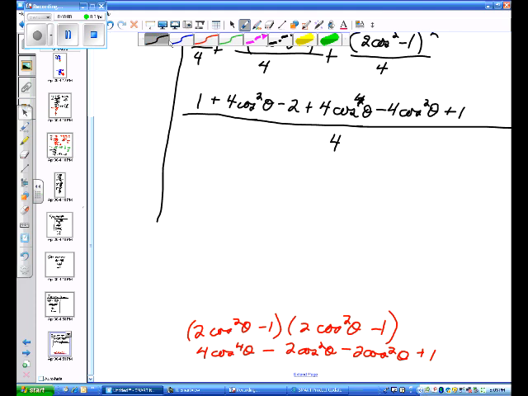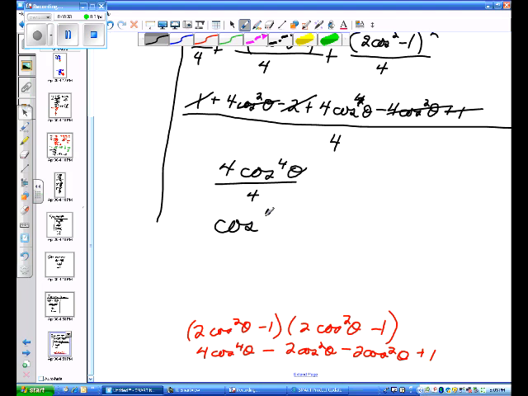Okay, now if we combine our like terms, we have a 1 minus 2 would be a negative 1 plus 1 would be 0. So those subtract out. We have a 4 cosine squared and a minus 4 cosine squared. So we're left with 4 cosine to the fourth theta over 4.